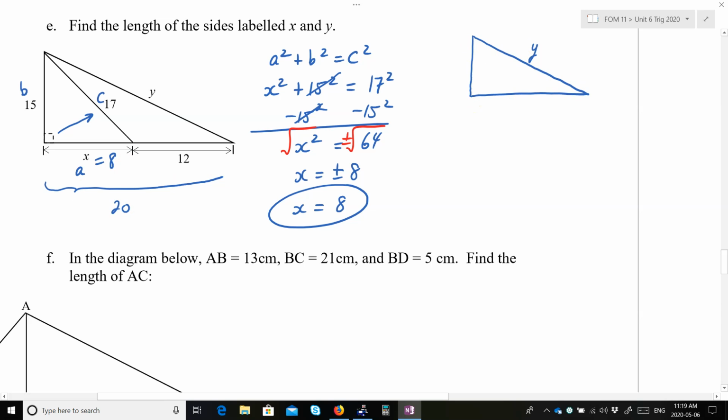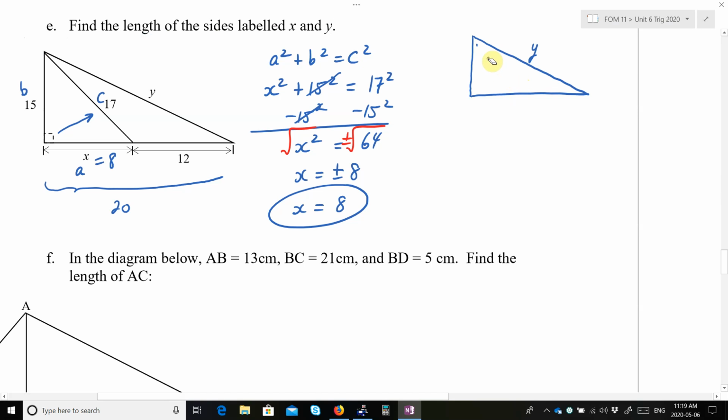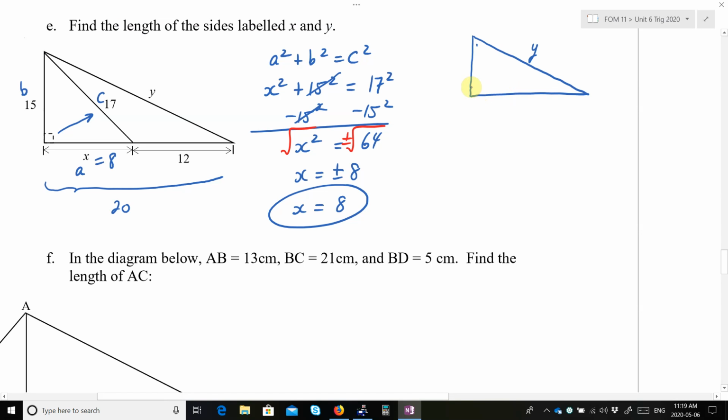Y is out here. There's a line going down here, right? But I'm just going to disregard that 17. We have this still as being 15, and since we figured out that x was 8, we now know that that side is 20.